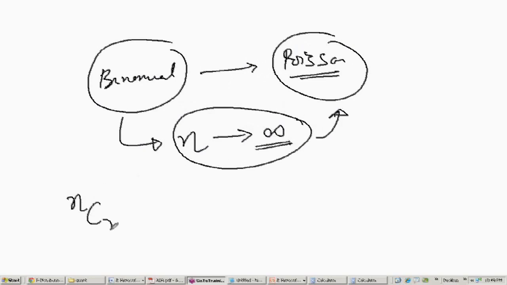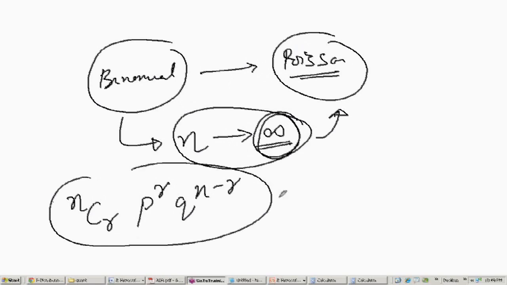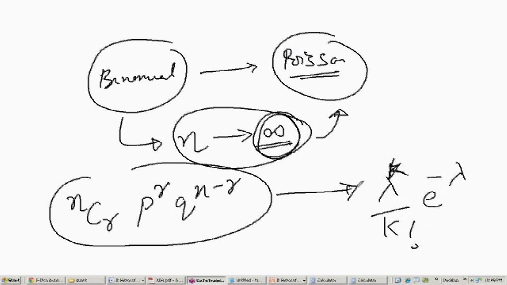So what you had was nCr p to the power r q to the power n minus r. If you make n a very high number of trials, the binomial distribution tends to become a Poisson distribution. So it will become lambda to the power k by k factorial, e to the power minus lambda.